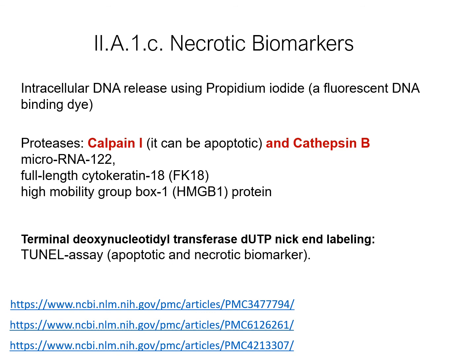So if you really have to determine whether you are in front of a necrotic pathway, you could probably use a combination of propidium iodide staining with calpain 1 expression or activation and HMGB1 protein induction, like a way of combining different strategies.